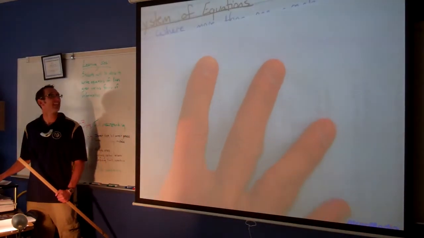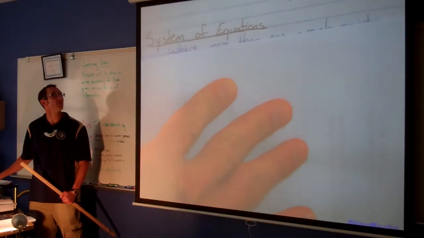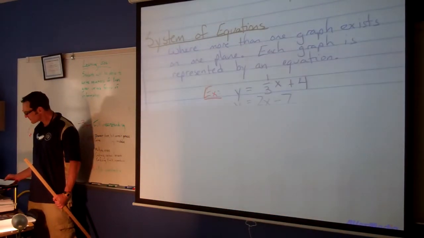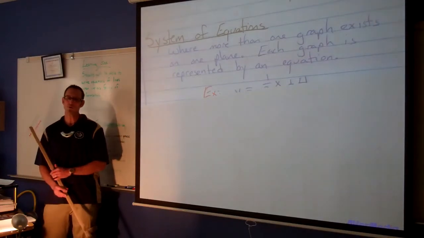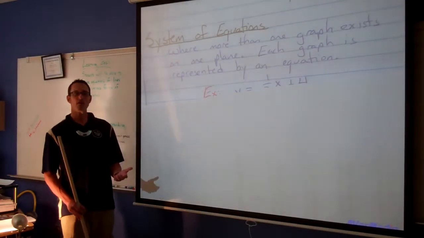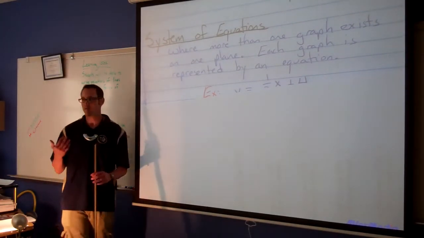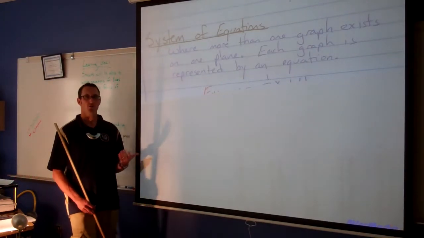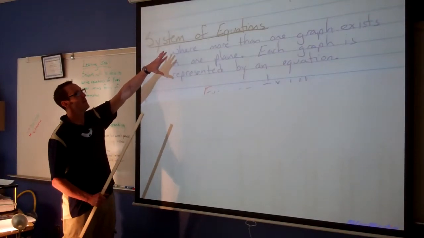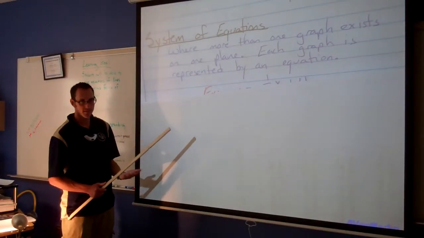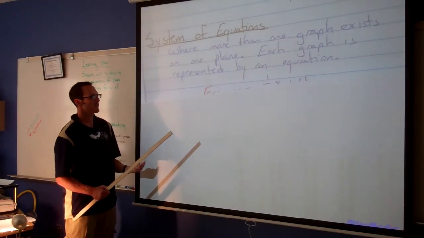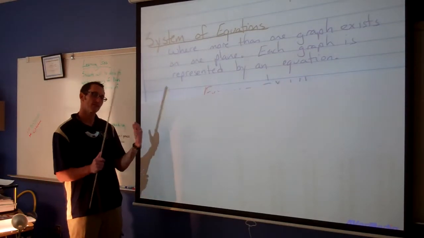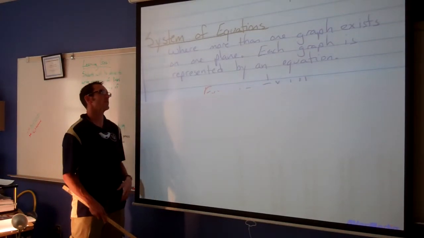What exactly is it? A system of equations is a situation where you have more than one graph on the coordinate plane. Everything we've been talking about up till now has been working with one equation and one graph. Well, a system is when we have more than 1, 2, 3, 4, however many graphs that you have, but everything is working together on one coordinate plane.